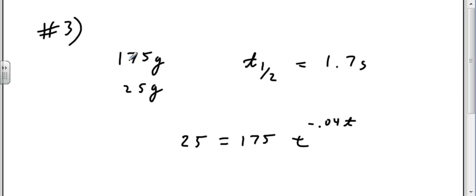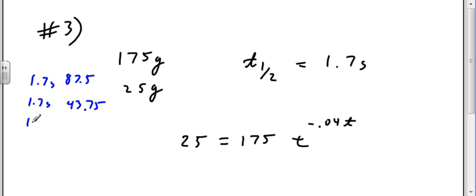Well, if I have 175 grams, then in 1.7 seconds I'm going to have half that many, right? 175 divided by 2, I'm going to have 87.5 grams. And in another 1.7 seconds, I'm going to have half of that number, 43.75.